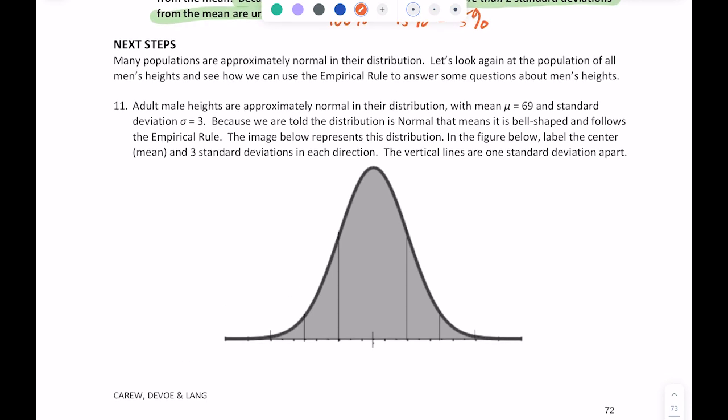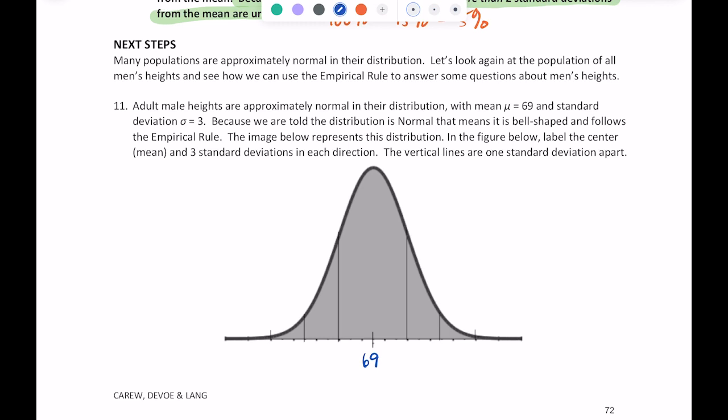Many populations are approximately normal in their distribution. Let's go back again and look at the population of all men's heights. We already kind of did that. We know that the mean went right in the center. That was 69 inches. I'll do this again to make sure we're clear. Our mean is 69, and because the standard deviation sigma is 3, we're going to add 3 each time to get 1 standard deviation out.